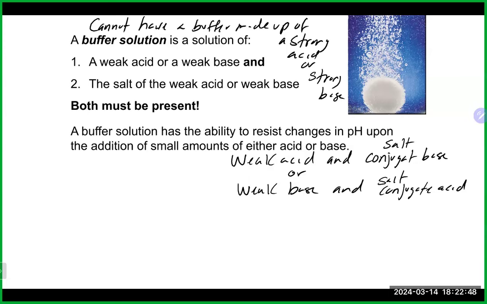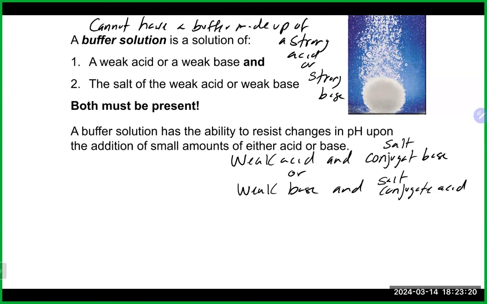Now, not to overcomplicate it so far, but you can actually make a buffer from a strong acid and a reaction with it, but the acid is completely gone at that point when it's all said and done, and you're left with a buffer, but the buffer itself cannot be a strong acid or a strong base. The reason a buffer works is that both of those things have to be present in the solution to begin with.